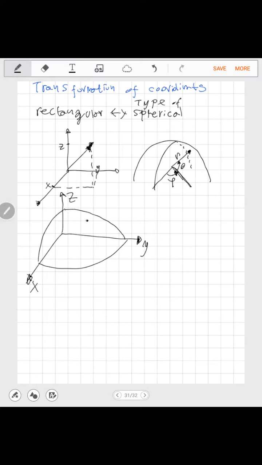such that we can indicate a point here, and we are going to have a distance here and a distance here.